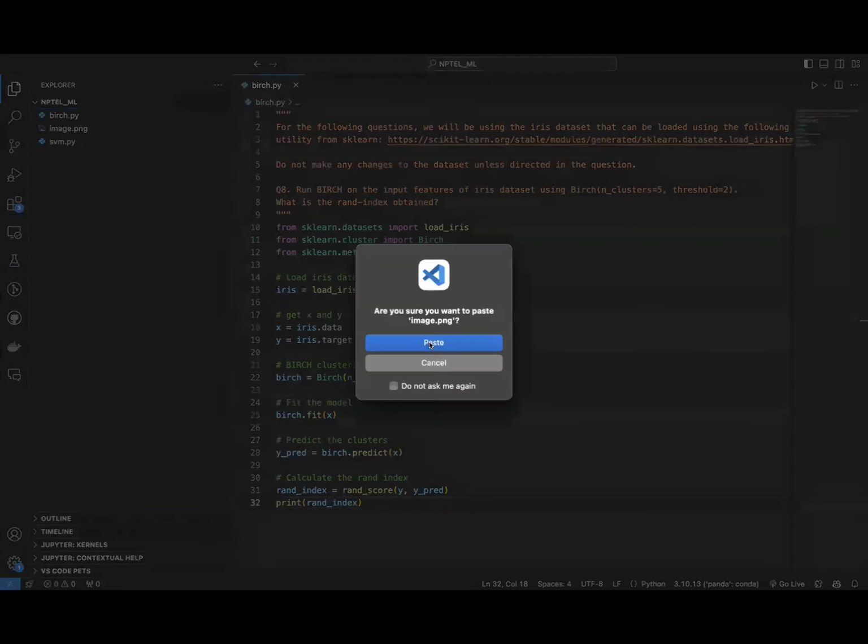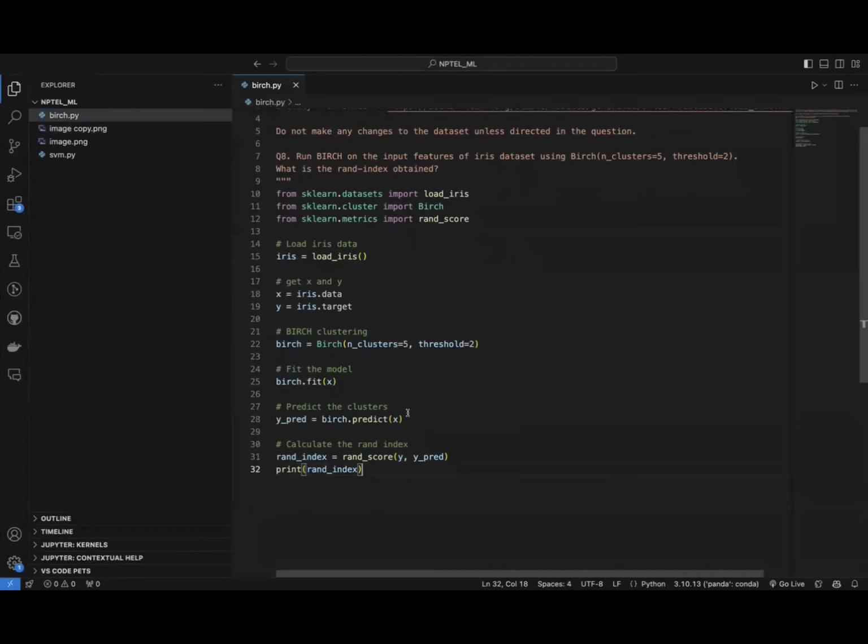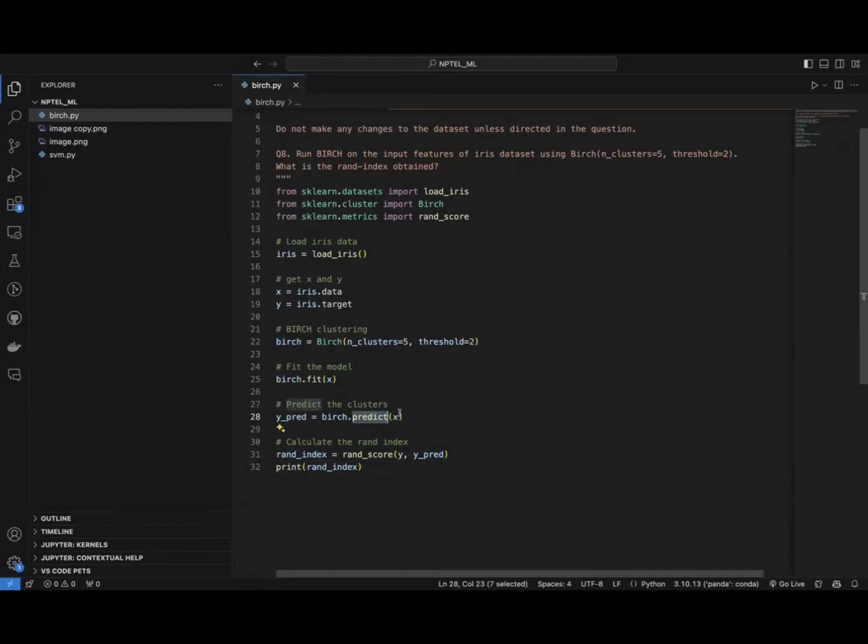So the predict, what should it be, right? Iris.target? No, predict. So the model is ready. The model is a function, right? It gets trained using X. Since it is a clustering algorithm, no labels will be used.